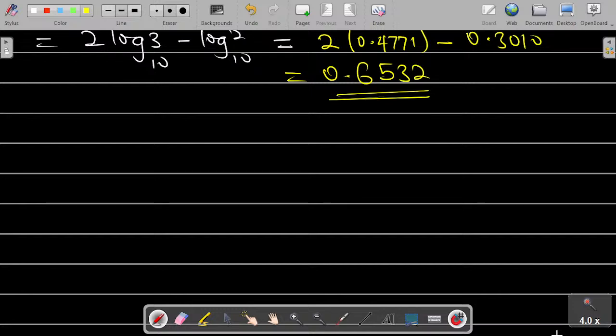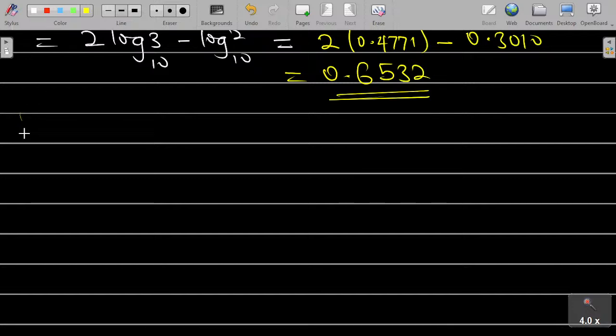So we go over to number 13. All right, so number 13 says solve for m in the equation.